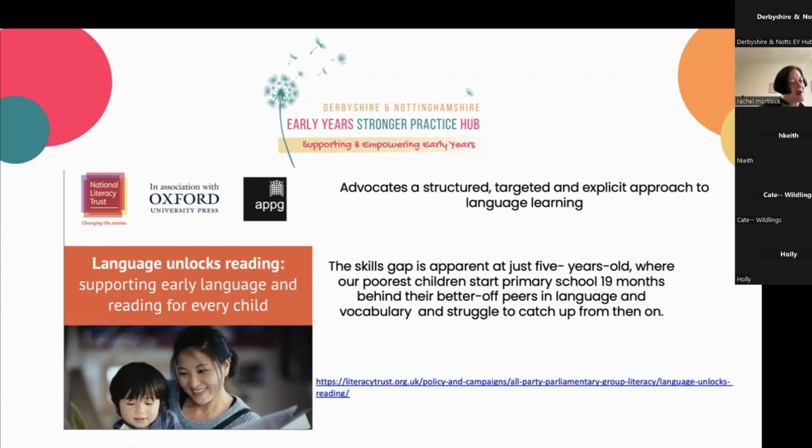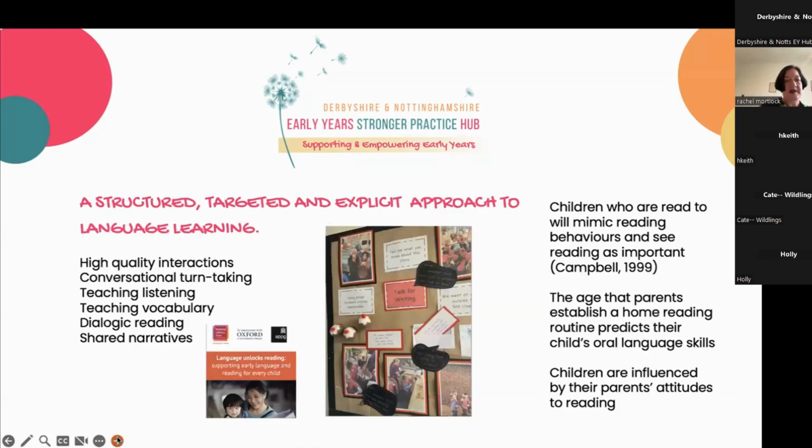And it says that if we're looking at how we support language learning, what we need to make sure is that there's a structured, targeted and explicit approach to language learning. It doesn't just happen in settings. We need to make sure it happens. And I talk a lot about this.